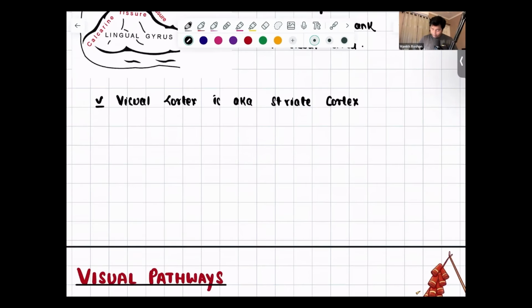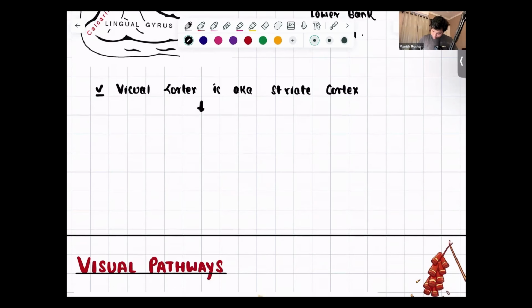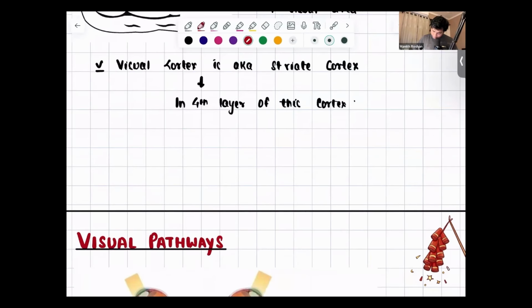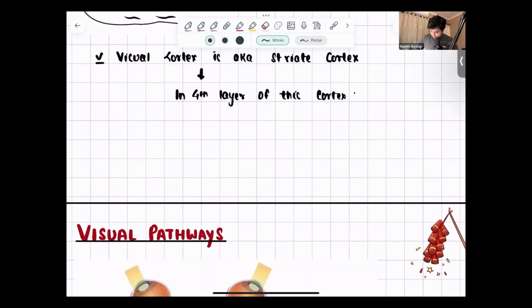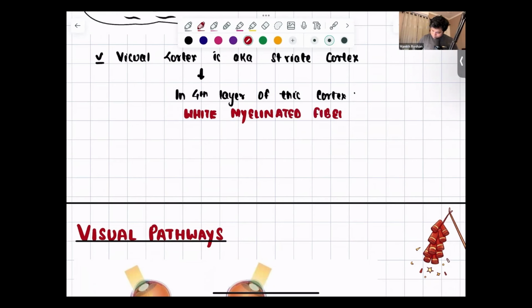Now see why. Because in the fourth layer of this cortex, you have a very unique thing, that is a white myelinated fiber layer.